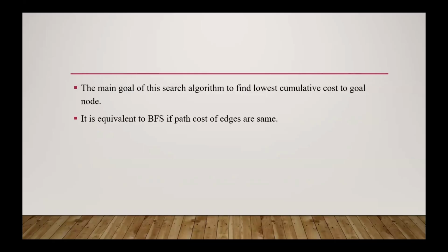Generally, in a weighted graph or tree, each edge has a different cost or weight. But if every edge has the same cost, then this algorithm is the same as breadth first search. For implementation, it uses a priority queue, where priority is given to the lowest cost.